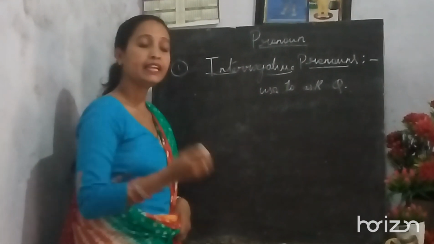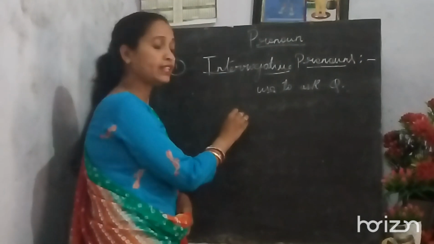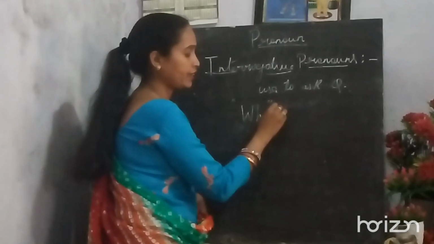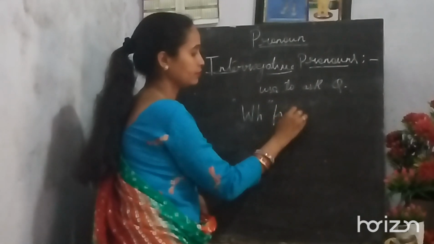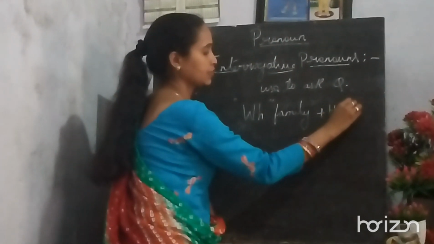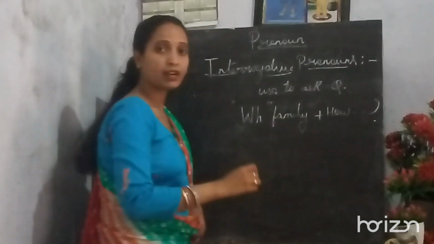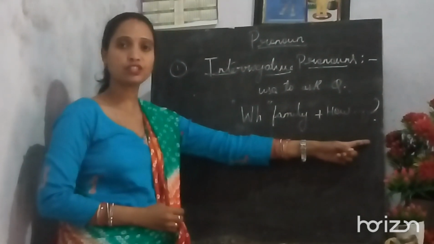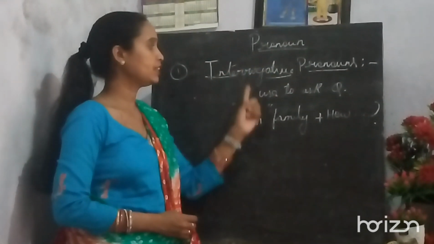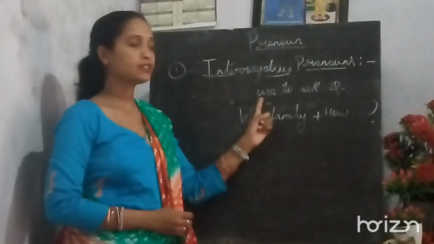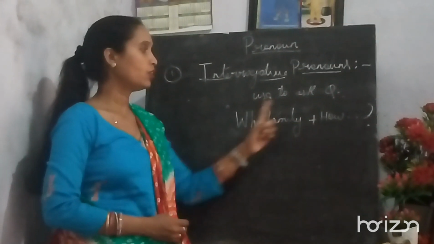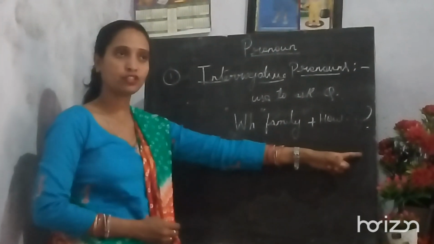What is the sign? In this, the sentence usually starts with the WH family or how, and ends with a question mark. At the end of the sentence, a question mark will be there.